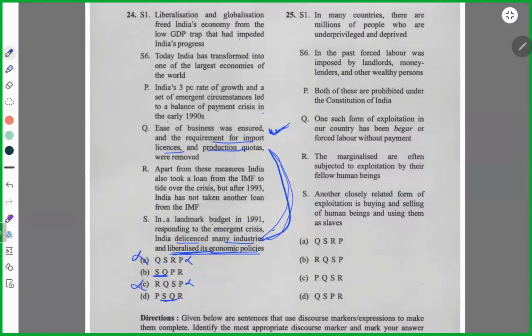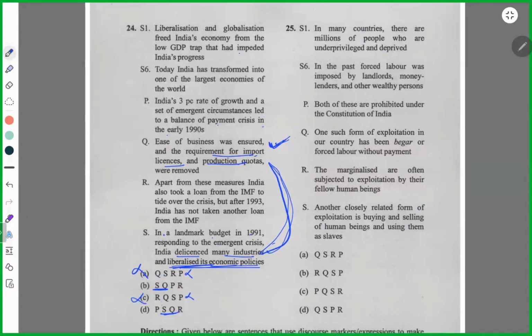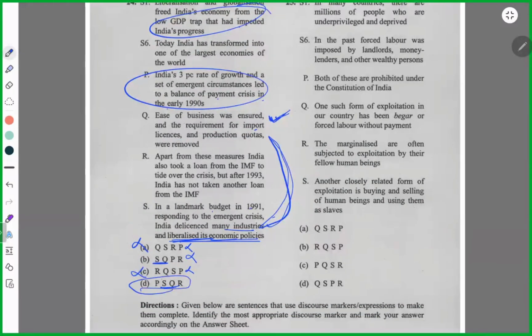Ease of business was ensured and the requirement for import license and production quotas were removed. Then P: India's three-piece growth rate and a set of emergent circumstances led to balance of payment crisis. See, here we are talking about solutions. Again, why are we talking about crisis? Crisis is being talked about here only. So let's finish the crisis part early. That means S will not be the starting one. Maybe the D one. Let us confirm.